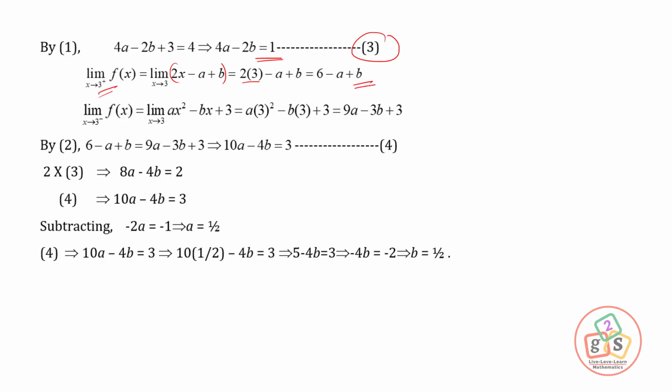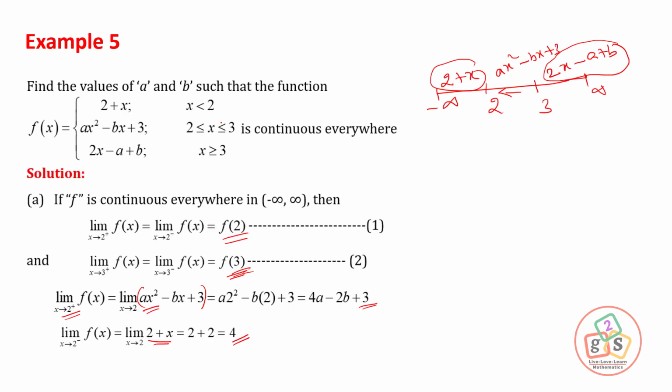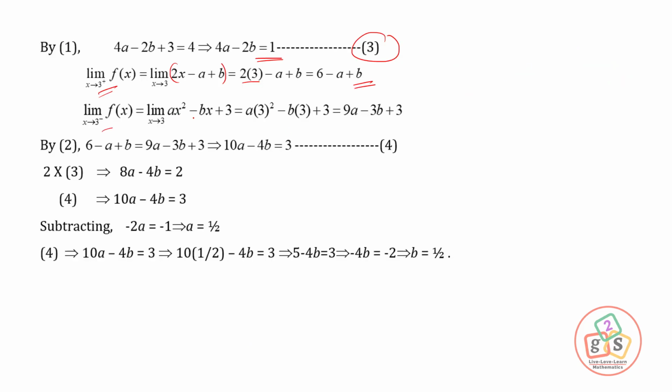Consider this equation. And the left hand limit, limit as x tends to 3 minus of f of x. Once again we go back to the previous slide. Below 3, the function is ax squared minus bx plus 3. Now we put x equals 3, and we get a into 3 squared minus b into 3 plus 3.